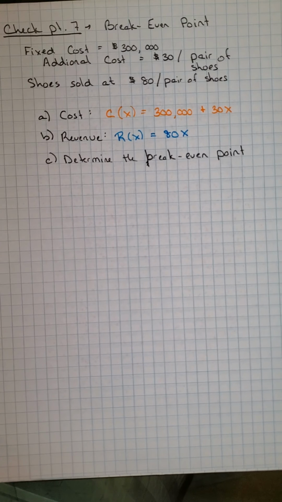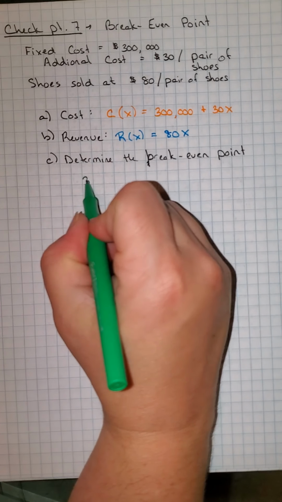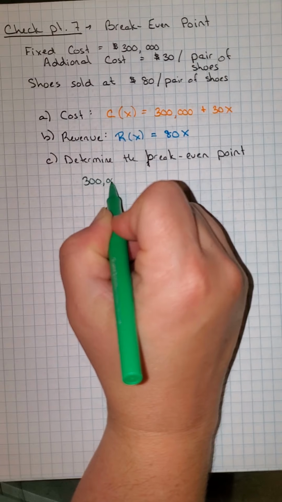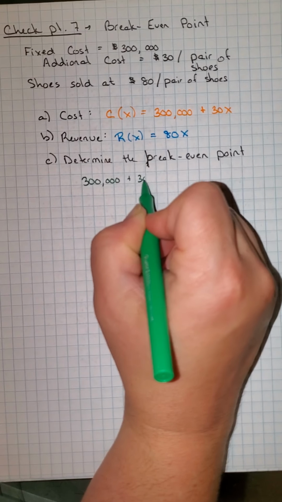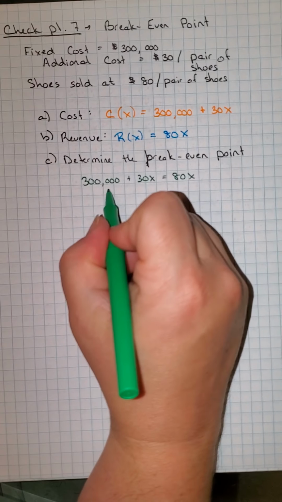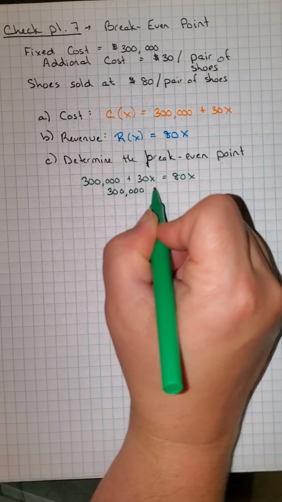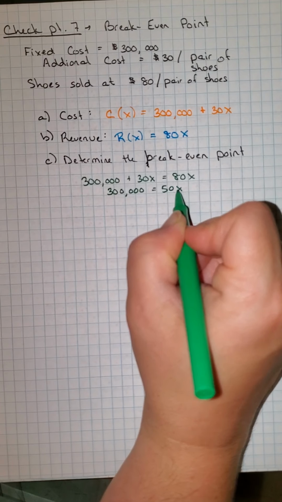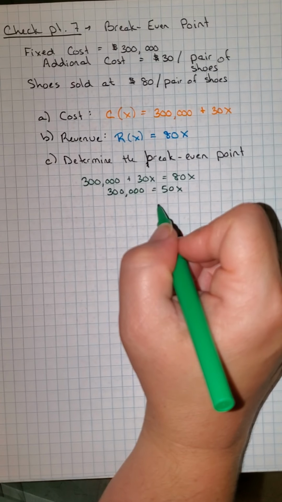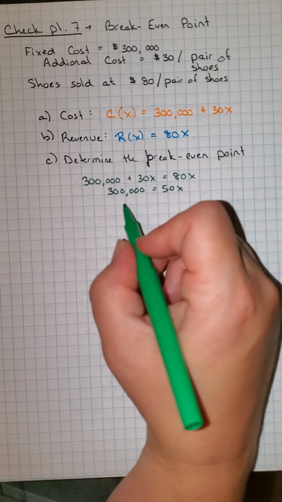Alright, so determine our break-even point. That's when our cost is equivalent to our revenue. So that's when $300,000 plus our 30x equals our 80x. So I'm going to solve this just like solving an equation. 300,000 equals 50x. Divide by 50, and you get 6,000.